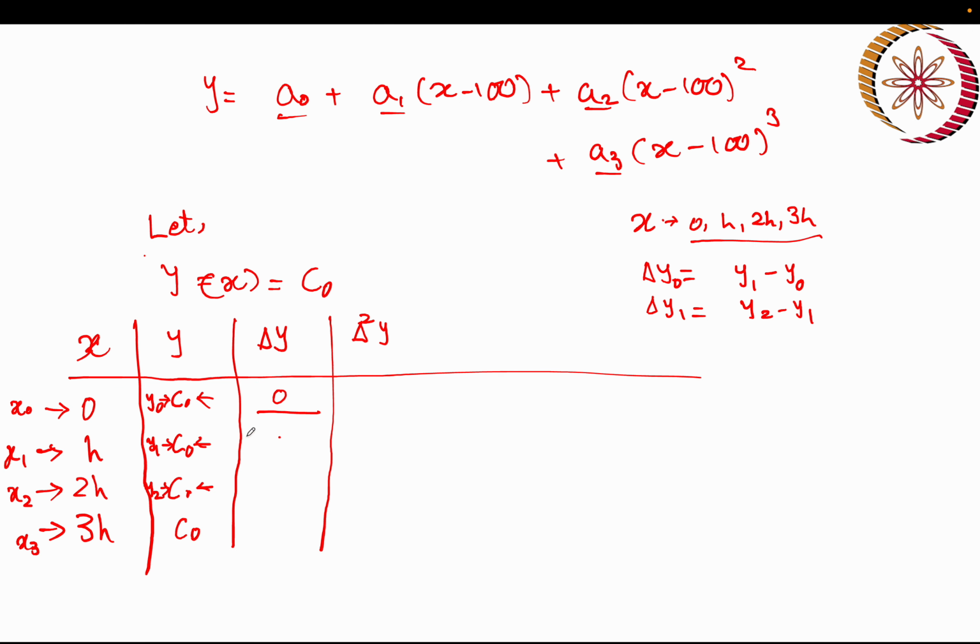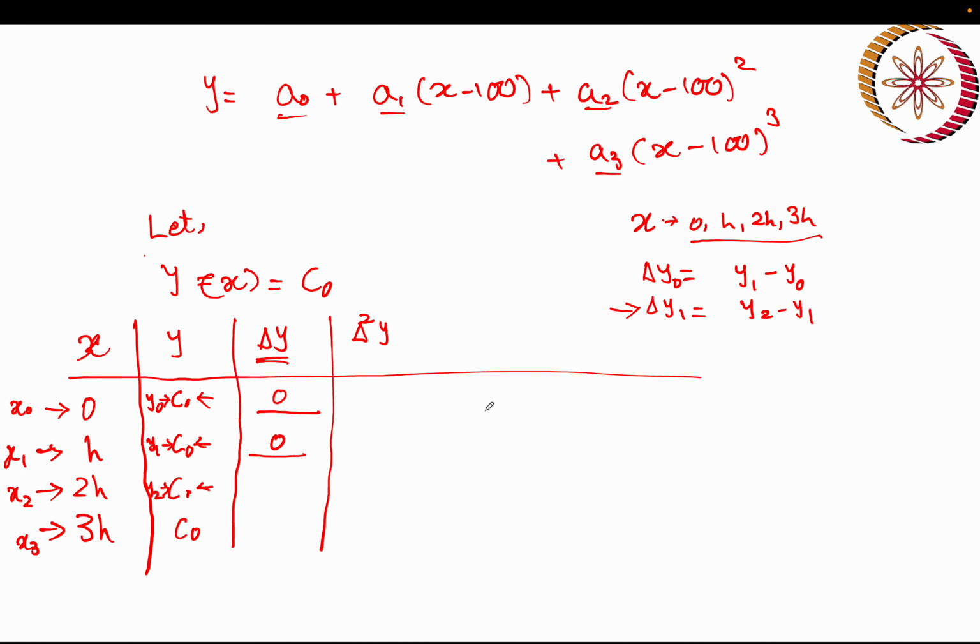Okay, so if we find out the first forward difference, it will be 0. So if we are creating the difference table where the assumed polynomial is constant, the first difference will be 0.